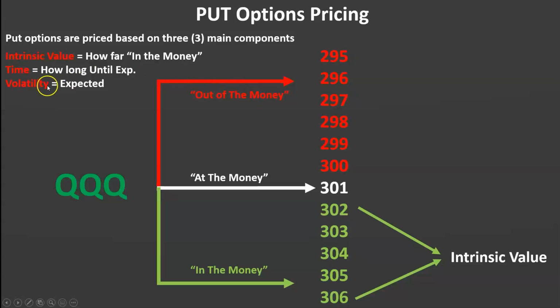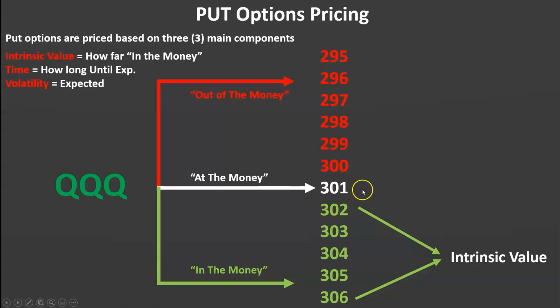You're going to pay for the implied volatility. You're going to pay for the time, and that's going to depend on what expiration you buy. And you're going to pay for the level of intrinsic value that is contained within that strike price based on where the current price of the ETF, or stock, is.